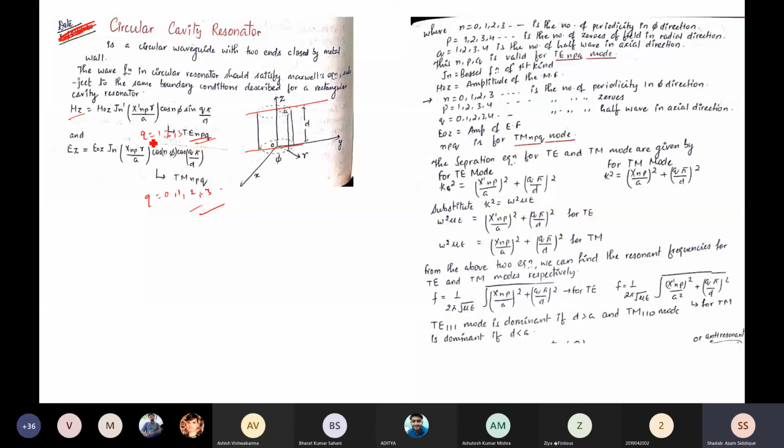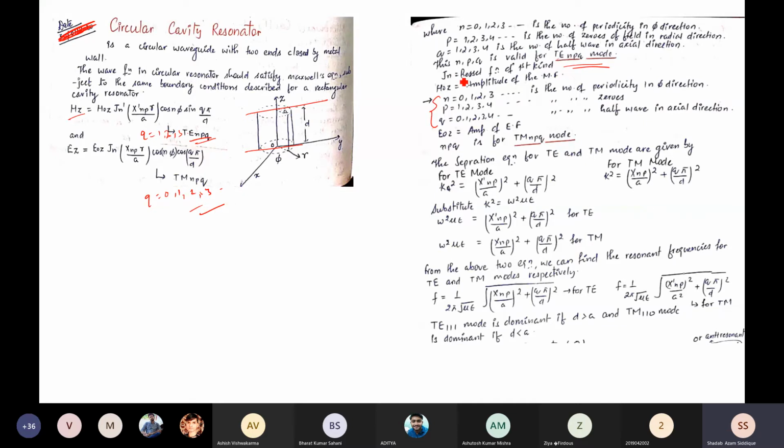N should be equal to 0, 1, 2, 3, which is the number of periodicity in the phi direction, and P is equal to 1, 2, 3, 4, the number of zeros in the field in the radial direction. And Q, of course, 1, 2, 3, 4 is the number of half waves in the axial direction. So this is valid for the TE NPQ mode, and if you want to go through TM NPQ, this is the condition for the TM NPQ mode.